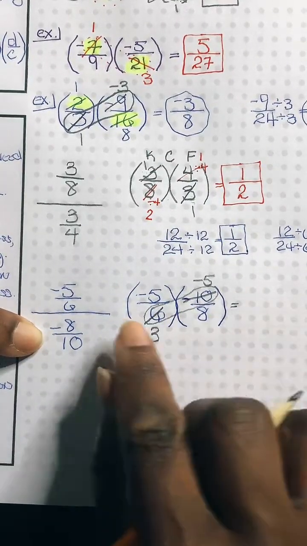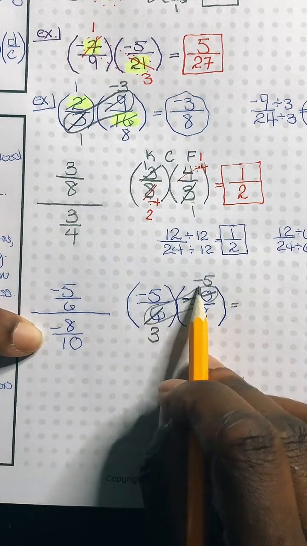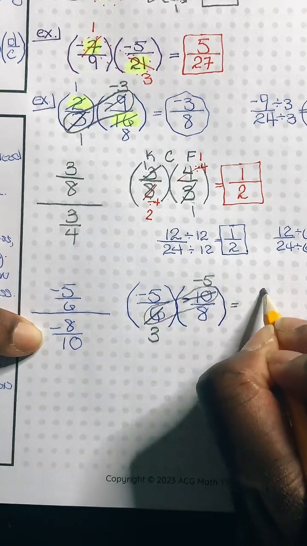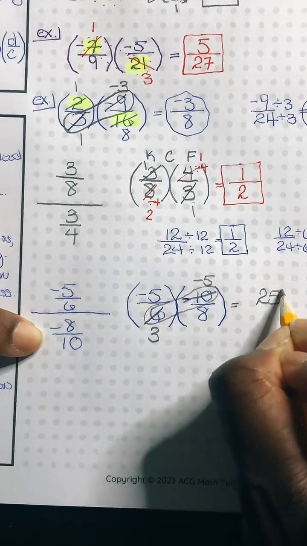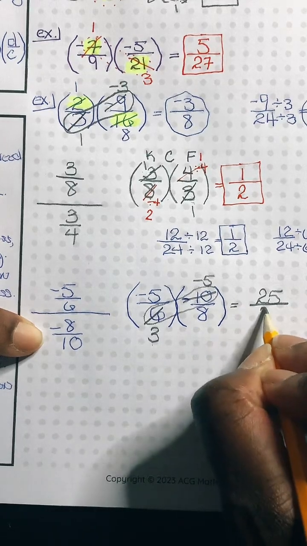So now, multiplying straight across. A negative times a negative gives me a positive. And 5 times 5 gives me 25, and 3 times 8 gives me 24.